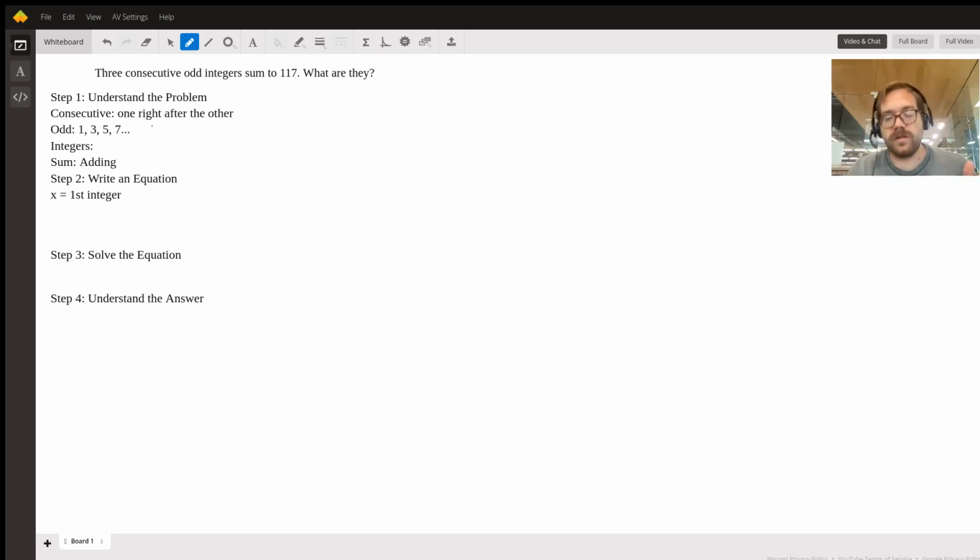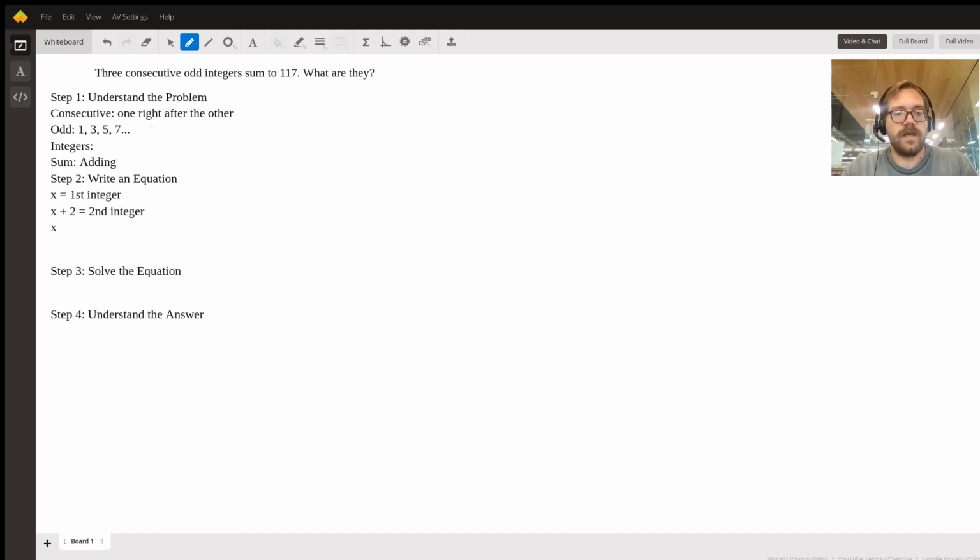But we want the odd number, so we skip over that next number and go to the one after. So x plus 2 is our second integer, and x plus 4 is our third integer.